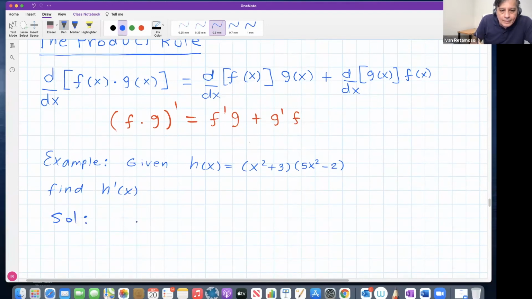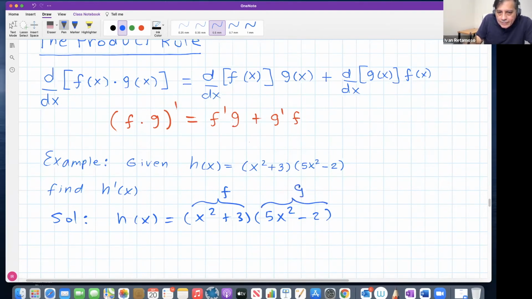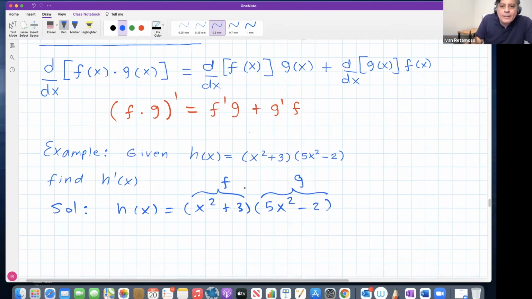Solution: notice h of x is a product, or a multiplication, of two functions, right? So we can label one of the factors as f, say this one, and the other as g, and we're going to apply our product rule.